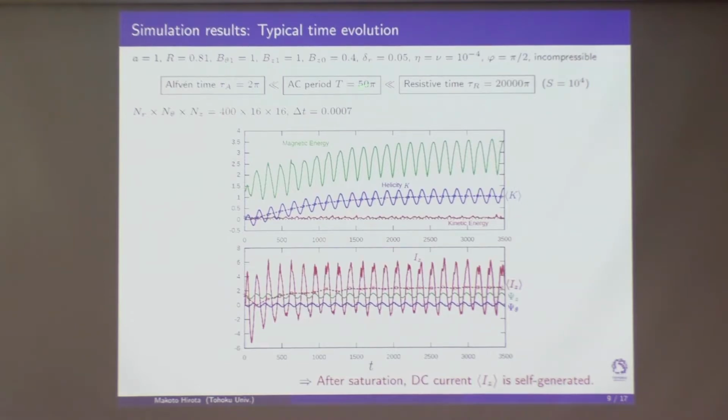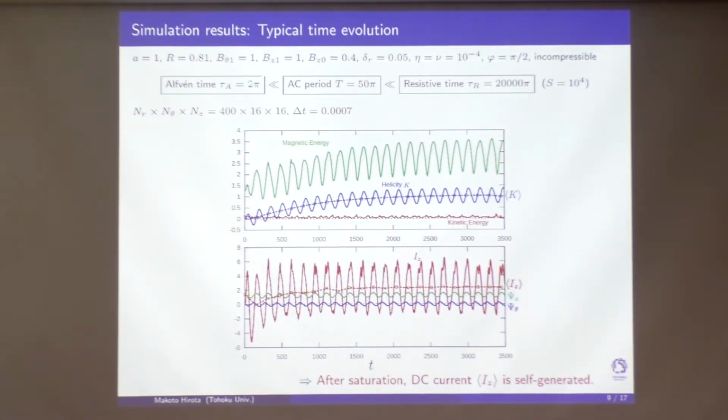And now I want to give you the results of our numerical simulation. As a typical case, I chose these parameters. Essentially, in this picture, I use the incompressible model. And this is the important inequality. First, the so-called Alfvén time, which is the typical time of the wave period, is set to be 2 pi, order 1.